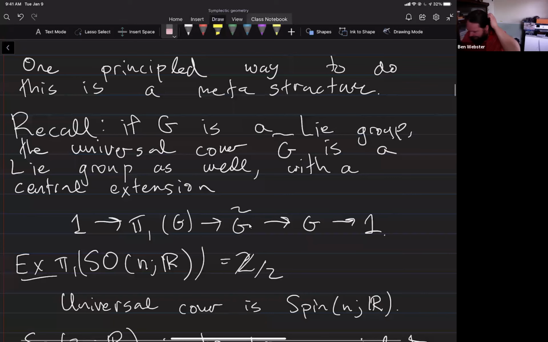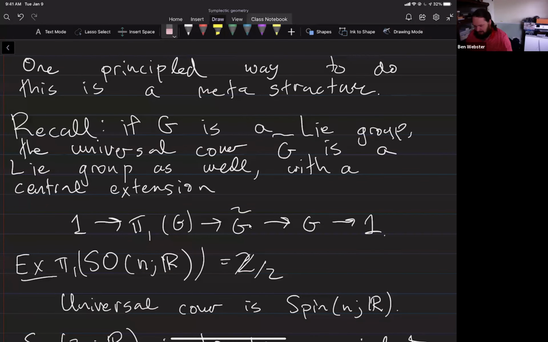All right, so for example, probably the most famous example of this is if I look at SO(3), the fundamental group there is Z mod 2Z. I don't have a belt here to demonstrate this. The classic way to do this is, if you have a belt and you do a full rotation once, you put 2 twists in it.